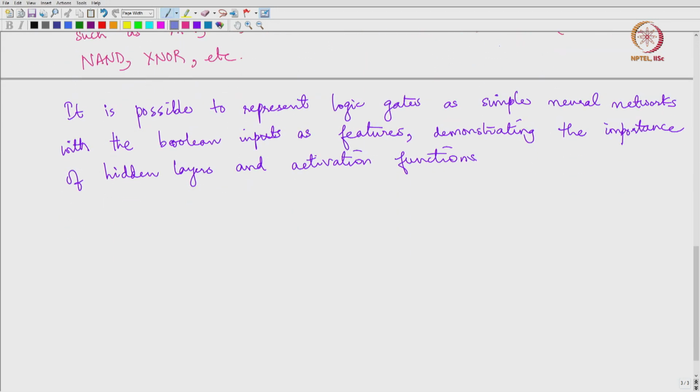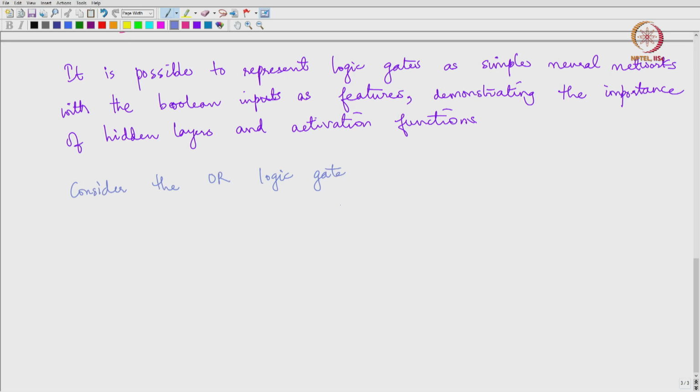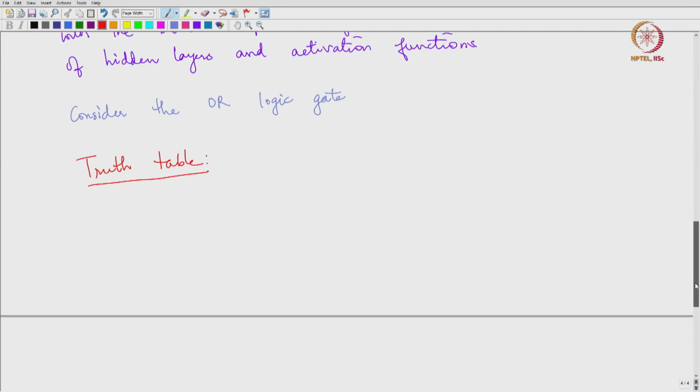So for example, let us consider the OR logic gate. Corresponding to every logic gate you can have what is called a truth table, a table that tells you under which scenarios the logic gate evaluates to true and under which scenarios it evaluates to false.